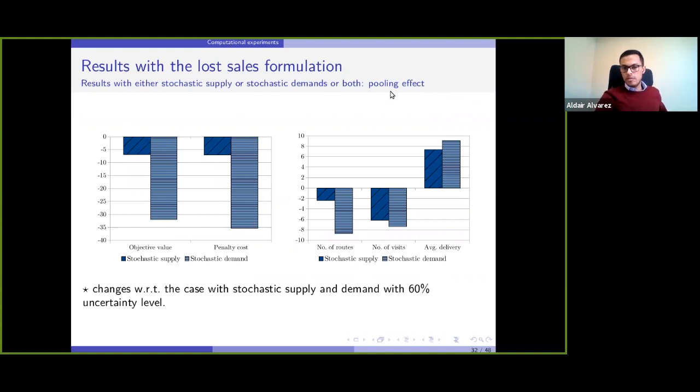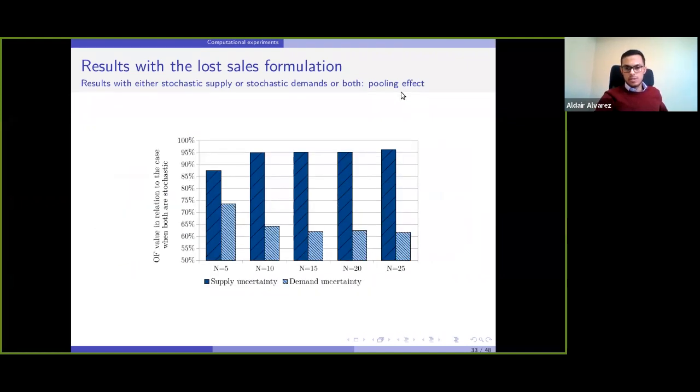And we can also verify this pooling effect with this additional experiment in which, for an increasing number of customers in the solutions, these bars show the objective value in relation to the cost when both supply and demand are uncertain.